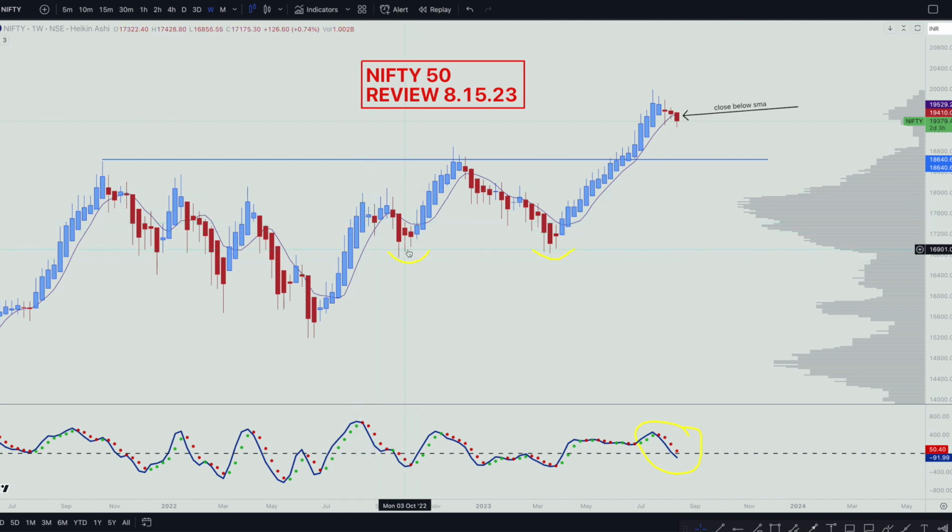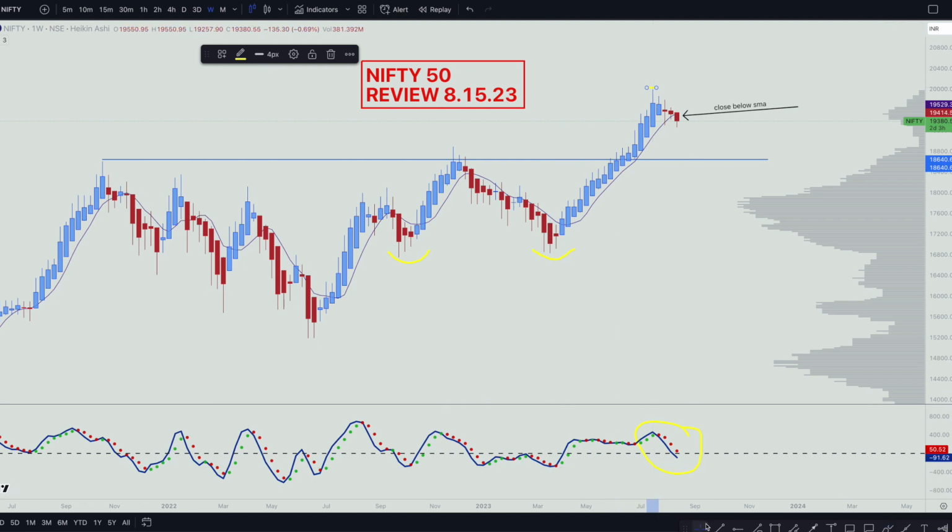We started putting in some higher lows, higher highs, and that brought us all the way up into this ultimate high, which took place a couple of weeks ago right here. Things that we'd like to see in this bullish trajectory are these little rounded bottoms moving us up to the right. Now we are in a pullback.